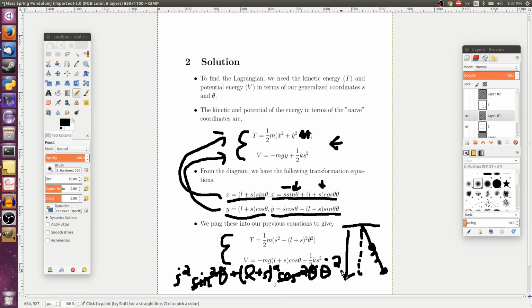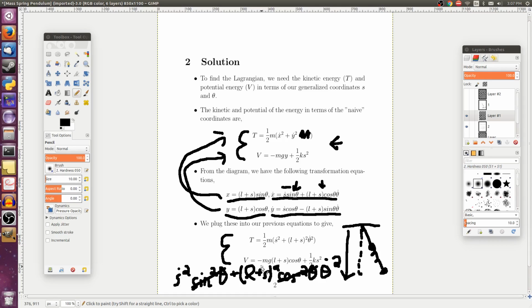So it doesn't matter where you set your reference point, as long as potential still goes up and down in the same manner. So in a constant gravitational field, your potential should increase with increasing height, and your potential should decrease with decreasing height.